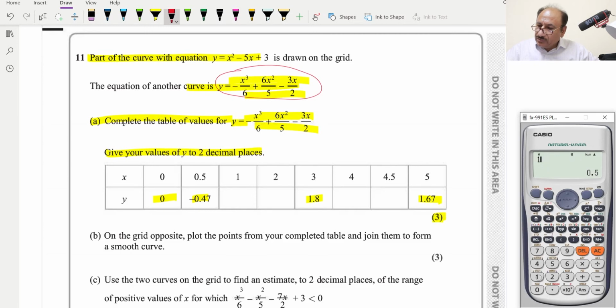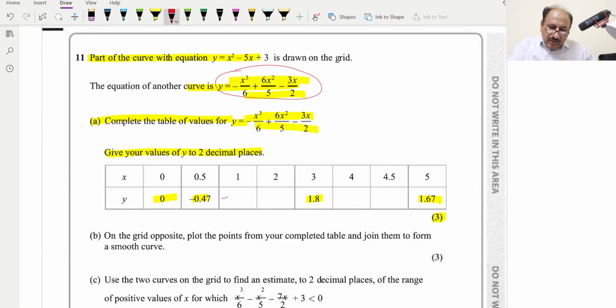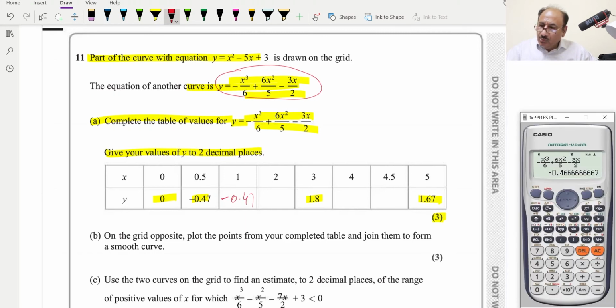Calculate for x is equal to 1, which is equal to minus 0.47, so the value which we can write is minus 0.47, rounded value. And now we can calculate for 2, and this will be equal to 0.47.